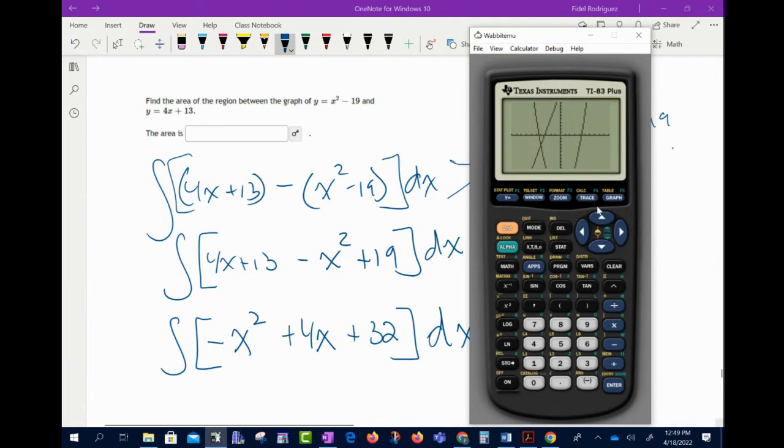So if I went to window, let's do x min, I think we're good there. Let's go x max, let's try 20. Y min, let's do negative 20. Y max, let's do positive 20.